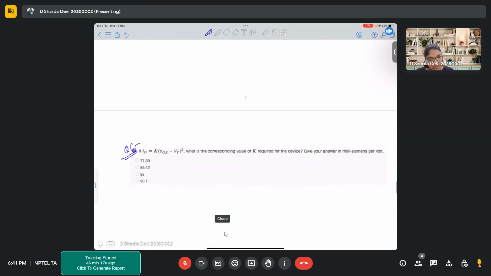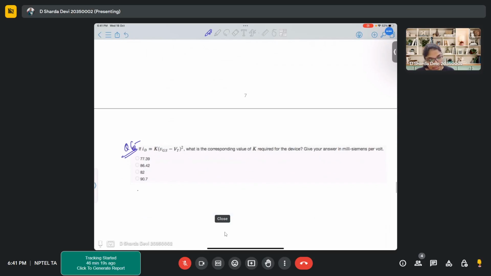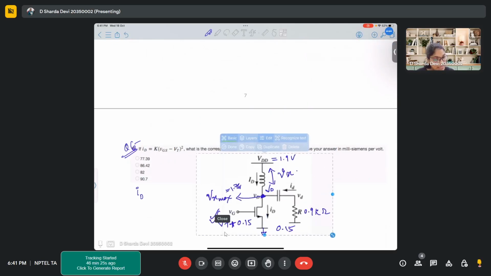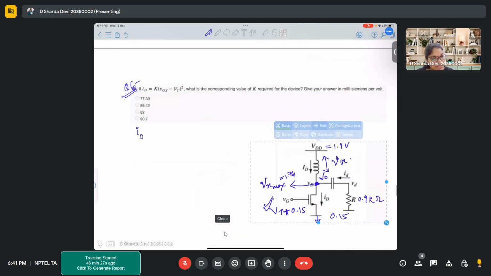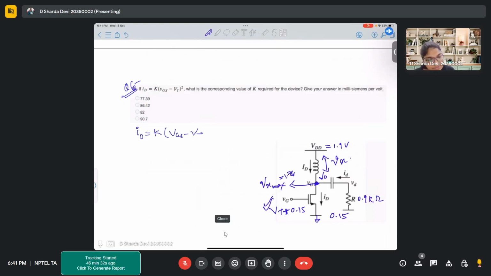Now in this question, if the transistor current ID is given by K (VGS minus VT) whole square, what is the corresponding value of K required for the device? So ID is 1.944 milliamperes.